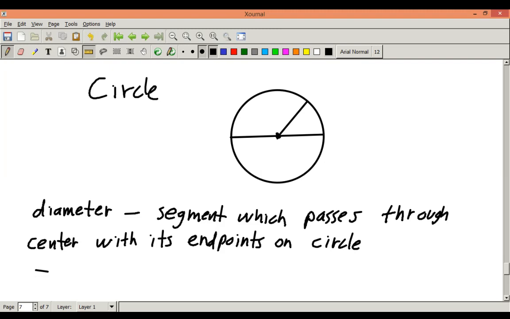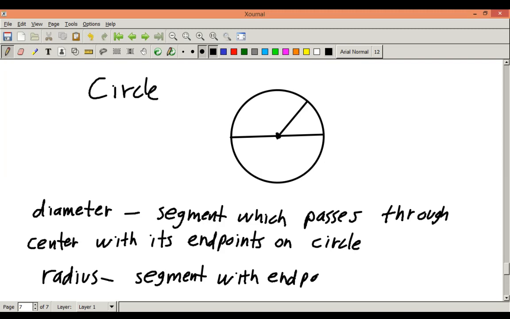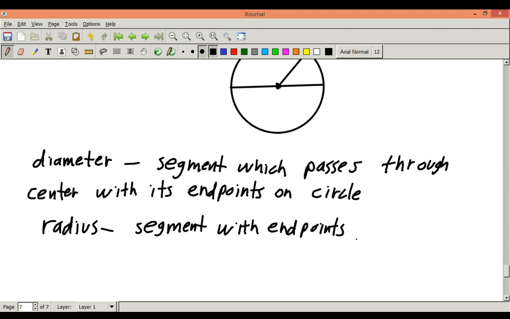The radius of a circle, and that's a segment with endpoints on the center, and the circle itself.